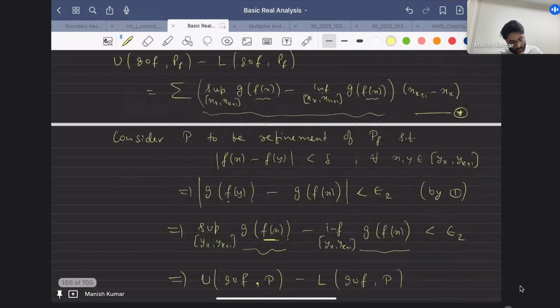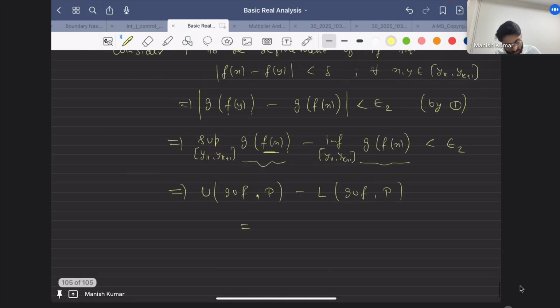Okay, epsilon 2, and then this is b minus a.